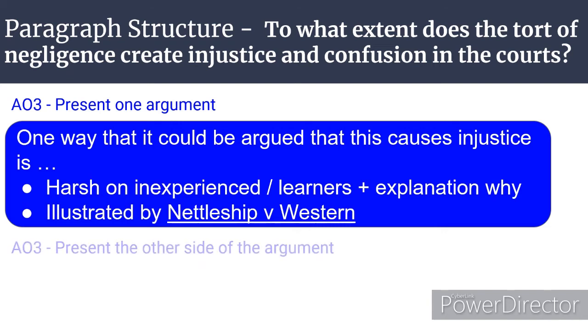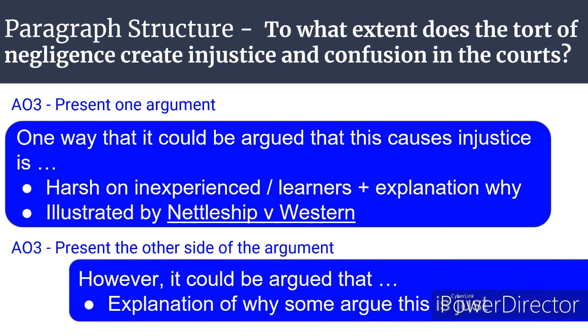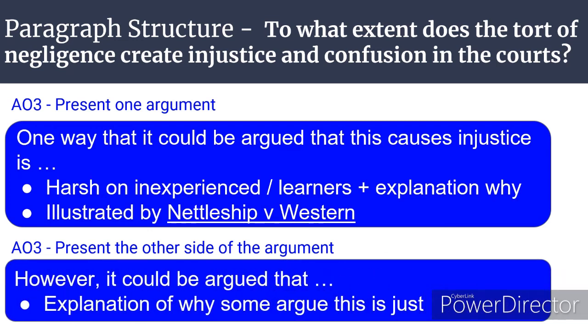And then I would follow that with presenting the other side of the argument, i.e. why it could be argued that actually this is a just decision. And I would explain why that is.